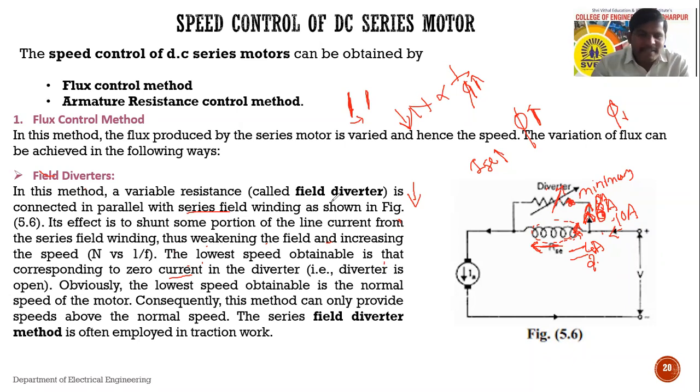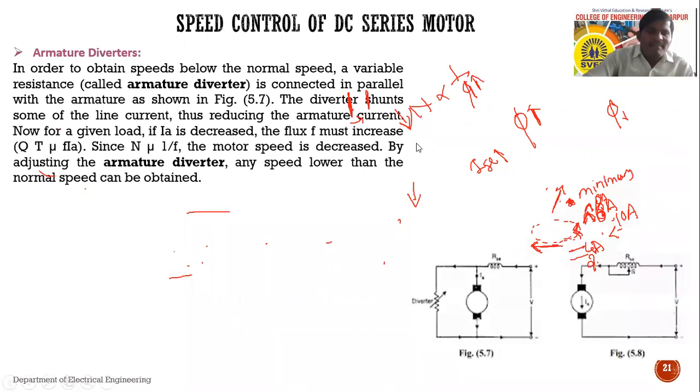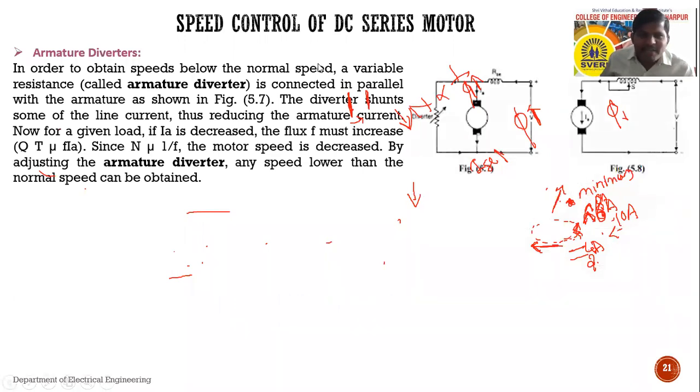We will discuss those next. All of you understood this field diverter technique? Just diverting, or just paralleling, to that of the field. Now the second technique is the armature diverter. What is meant by armature diverter?